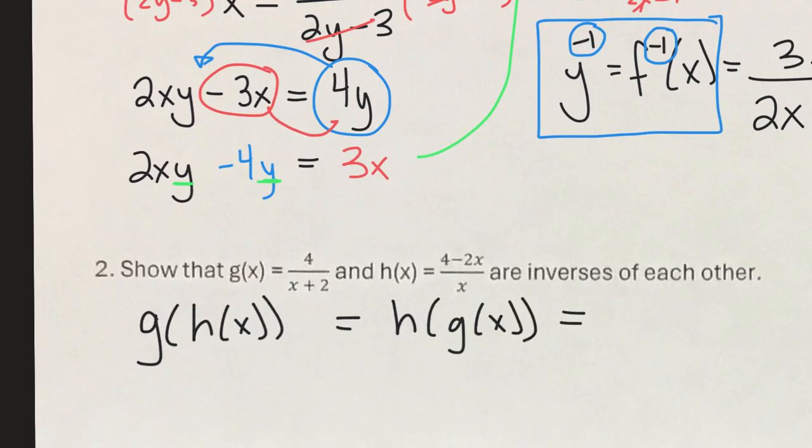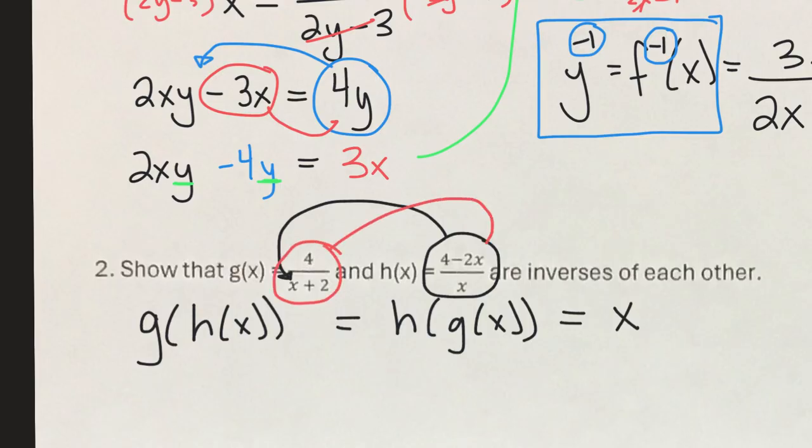And when I do that, I should get a single x as my answer. Okay, so I need to do a composition of taking this equation and plugging it in down there. And then I need to take my g equation and plug it into both places in my h.